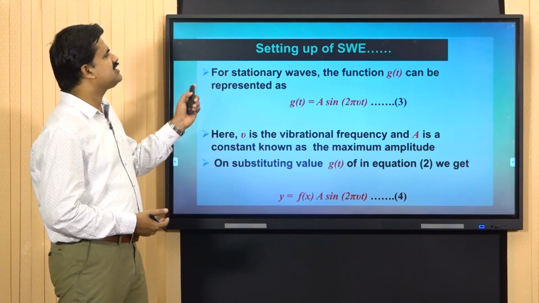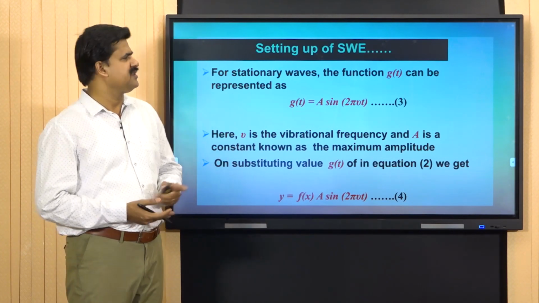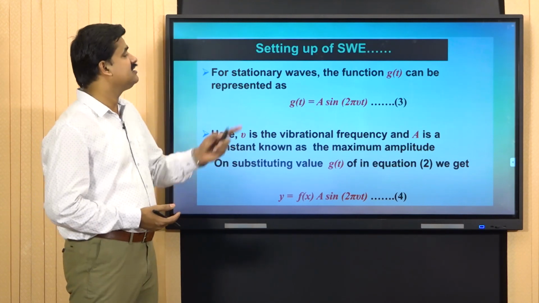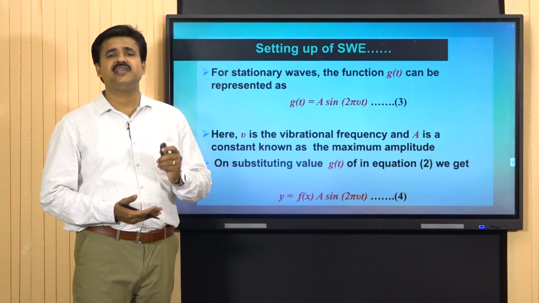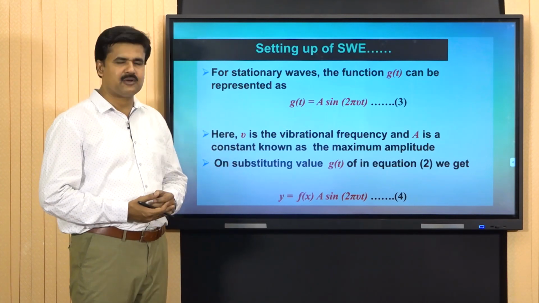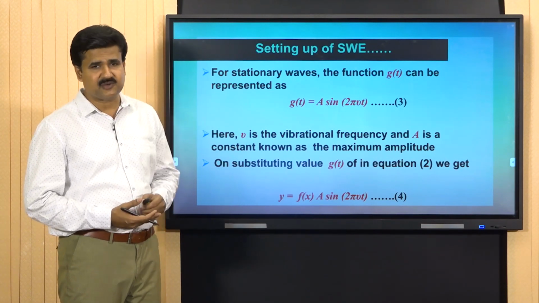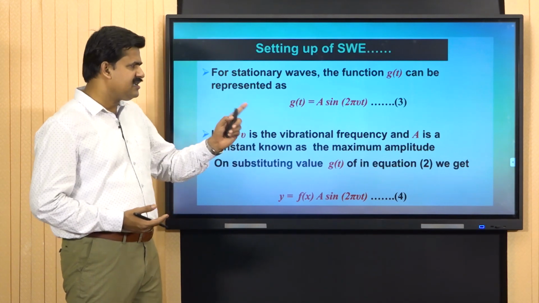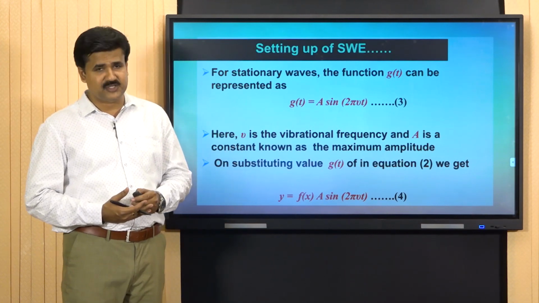Now, for stationary waves like wave motion of a stretched string, the function g of t can be represented as g of t is equal to a sin 2 pi nu t, where a represents a constant, nu represents the vibrational frequency, and a is a constant, which is known as the maximum amplitude.